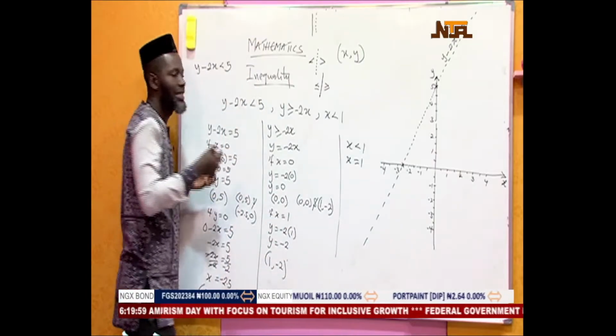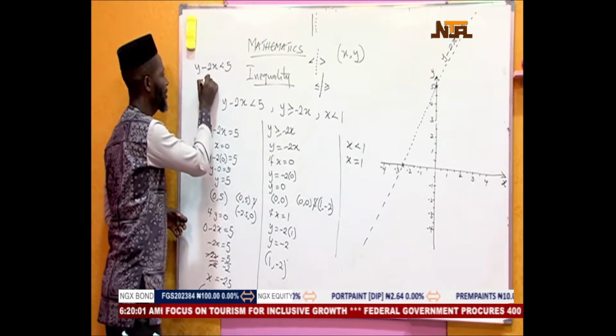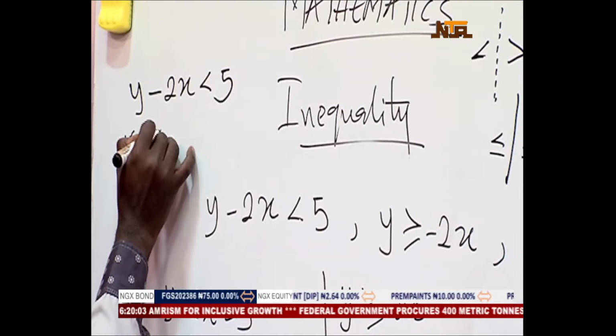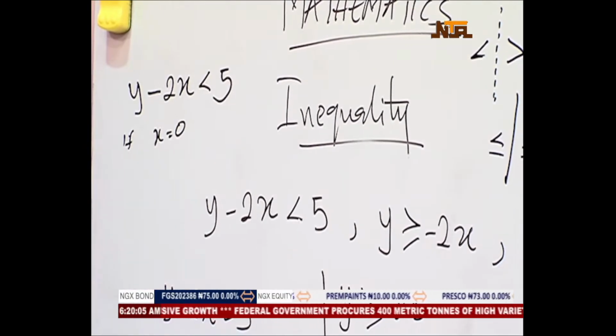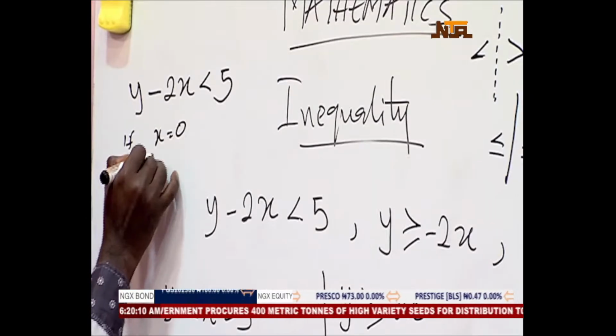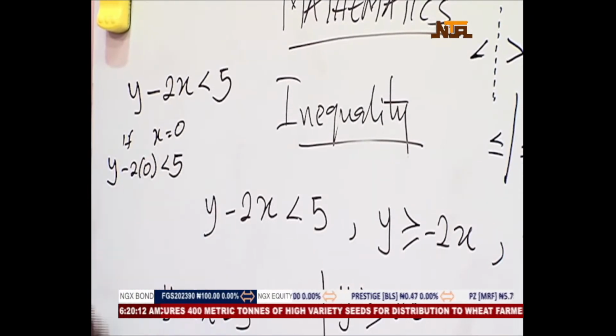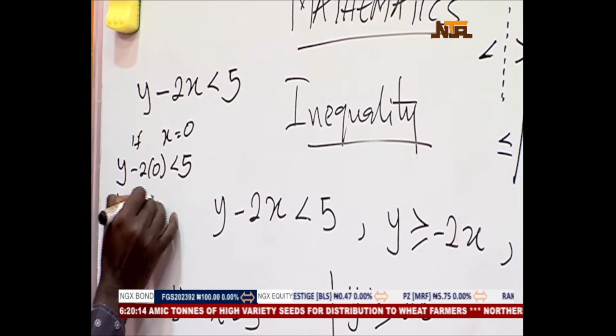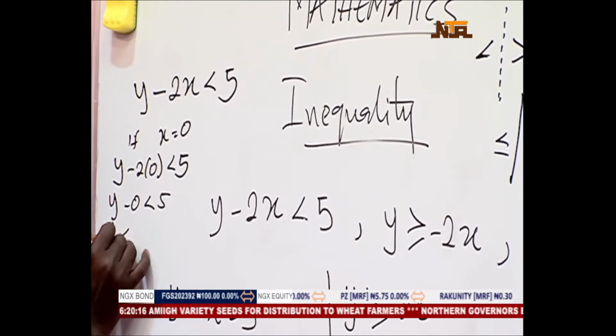Let's use x. If x is equal to 0, we will have y minus 2 into bracket 0 less than 5. Therefore, we have y minus 0 less than 5. So y less than 5.